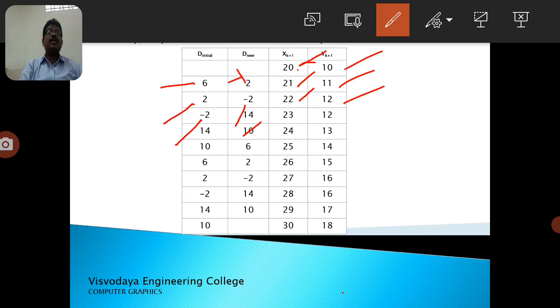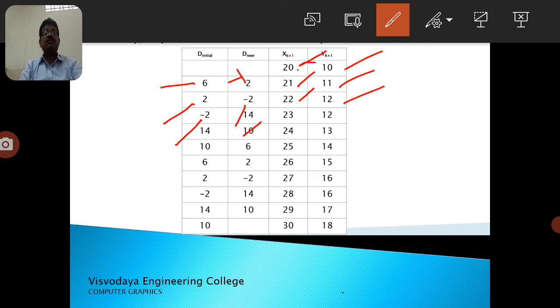If it is a negative value, here the minus 2, only the x coordinate changes and the y coordinate stays the same, that is yk remains yk. So this is the case you can observe. If the value is positive, the next coordinate is xk plus 1, yk plus 1. If the value is negative, only the xk value is incremented and the yk value is the same.